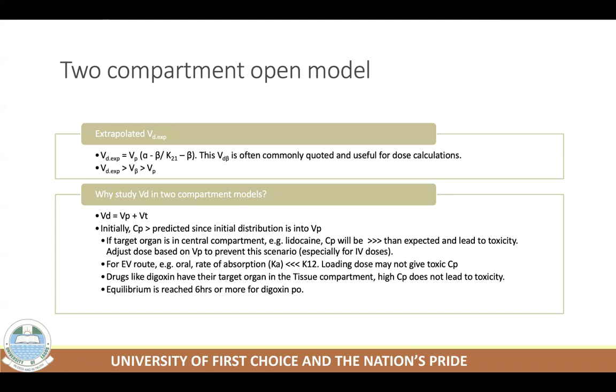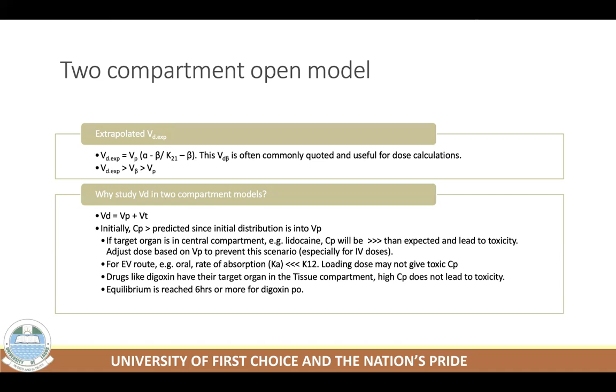In the case of extravascular routes like the oral route or patches or other routes apart from IV, Ka, that's the rate of absorption from the lumen of the intestine, is usually much smaller than the rate at which drugs are moving from the central compartment to the tissue compartment, therefore making the absorption step the rate determining step in such administration.